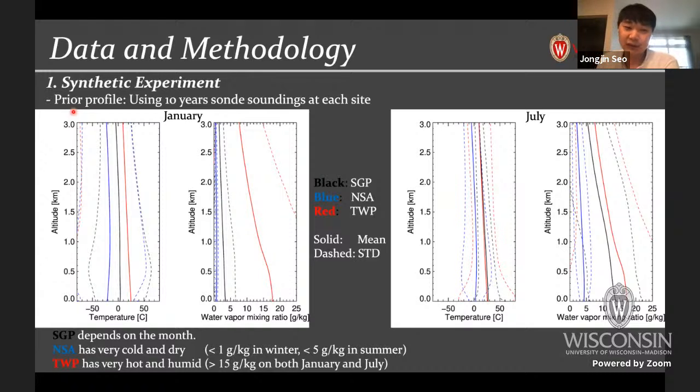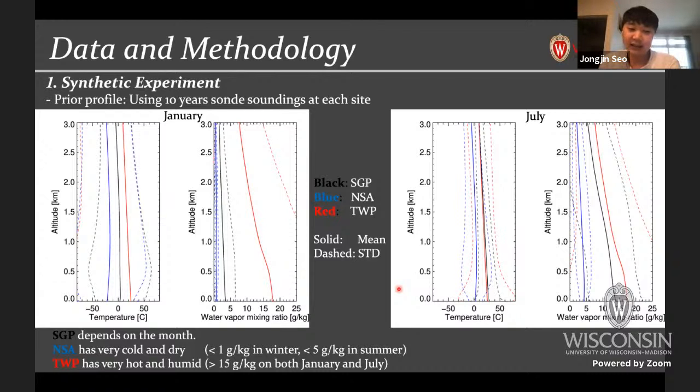So this figure shows the mean and standard deviation of temperature and water vapor mixing ratio in January and July. The black lines are SGP, the blue lines are NSA, and the red lines are TWP. First of all, for SGP, the black lines, we can see it depends on the month: cold and dry in January, and hot and humid in July.